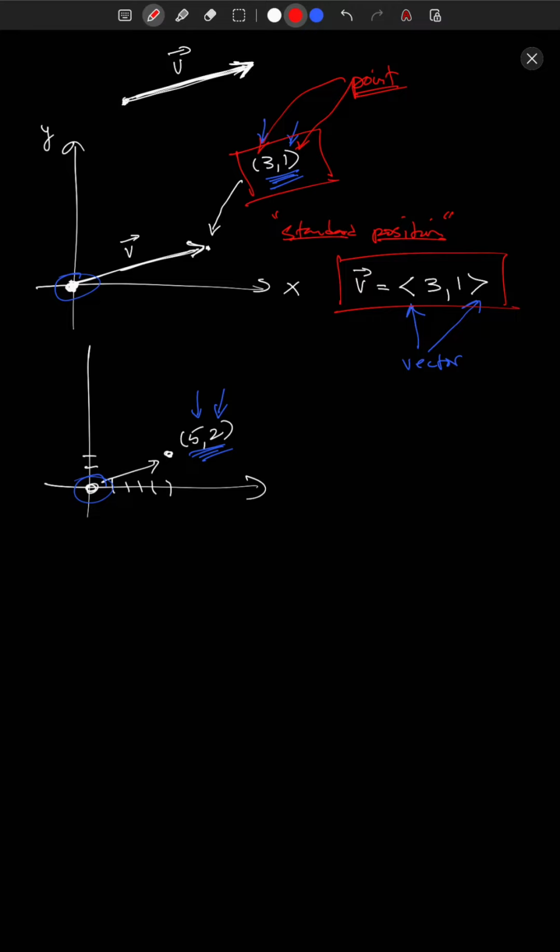Because a vector has a direction and a length, whereas a point is just a position in space. It's a much simpler concept. So this vector here, this 5, 2, let me call it w. The way we would write that is w is equal to sharp bracket 5, 2.